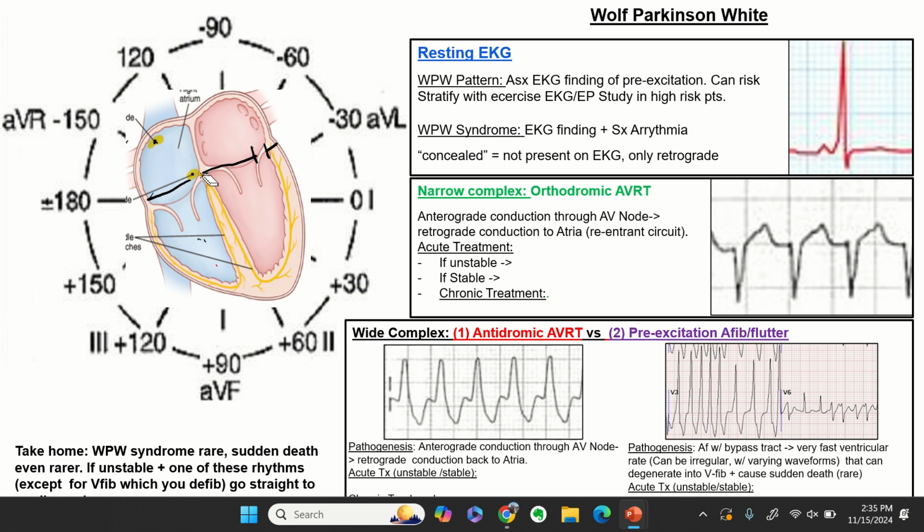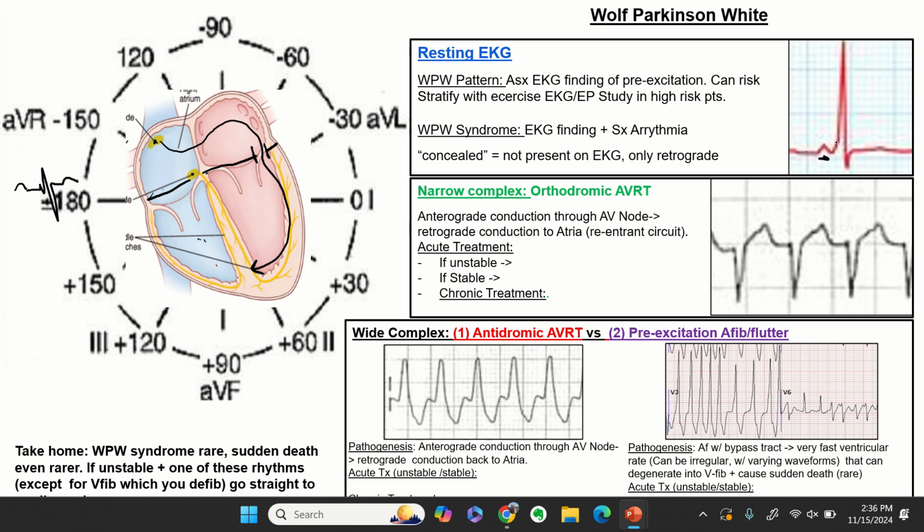But how is this messed up in patients that may have Wolff Parkinson White syndrome? Well, these patients have a bypass tract. Some of these patients, it may be present on just a normal EKG. Now, instead of having that typical P wave and then a delay and then that QRS complex, these patients will just go right from their P wave, which is that atrial contraction, but then you'll kind of have slurring of that P wave down into the ventricle and subsequently a little bit of a wider QRS complex.